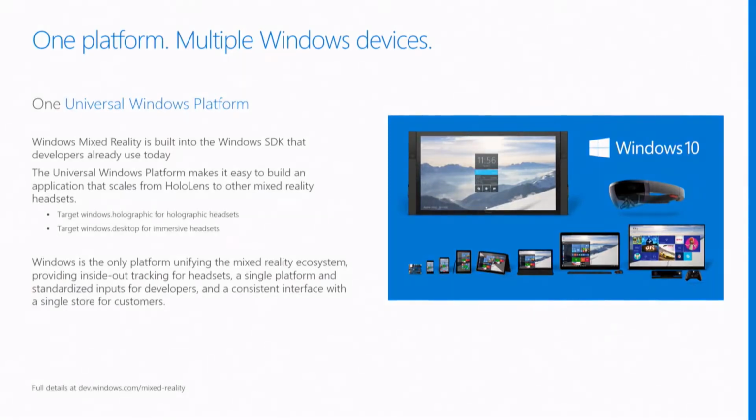You can actually create an application for your PC and run it on, for example, an immersive headset or on your HoloLens. But you need to target a slightly different SDK for mixed reality, though you have the same experience to create your own application. So this is the same platform.